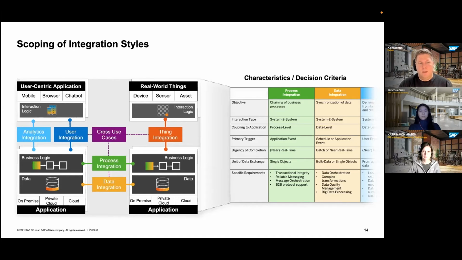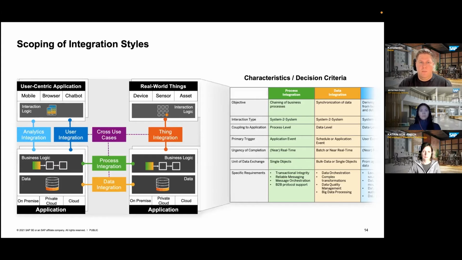But in case you take it one step further, of course, you recognize that there are master data and transactional data involved here. And let's say this backend is then integrated with your SAP S/4HANA system or SAP ERP system. You would also scope the so-called process integration style, because this is taking care of all the integration scenarios related to master data transaction, for example, and transactional data integration.